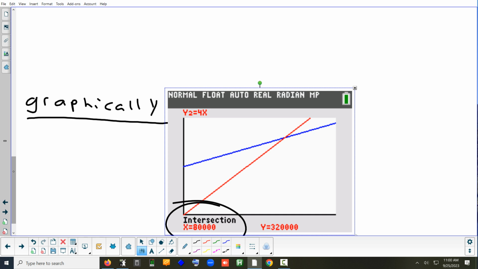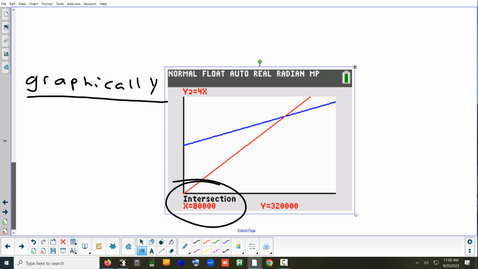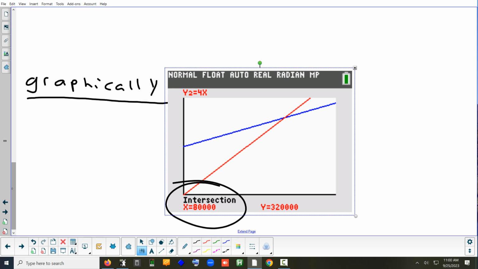80,000 is the number of shirts you need to sell. X is the number of shirts you need to sell. Well, Y is the amount of money. So if you sold 80,000 shirts, how much would it cost you to make 80,000 shirts?